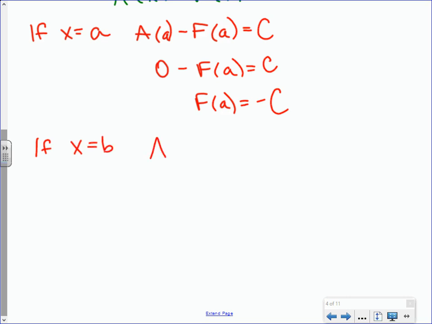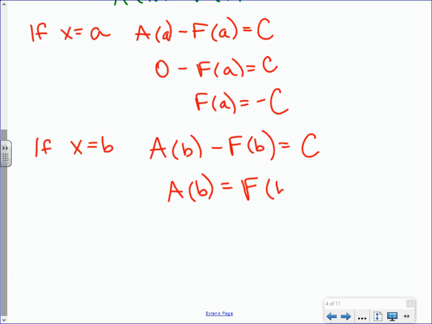Then, if we plug in b, A of b equals the integral from a to b, and that equals F of b minus F of a, because c is negative F of a, right?